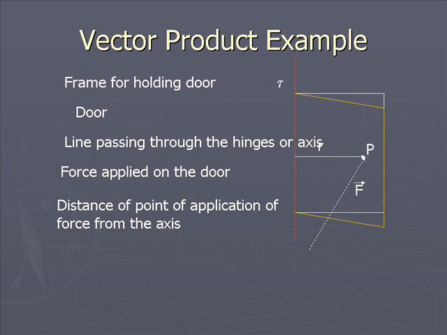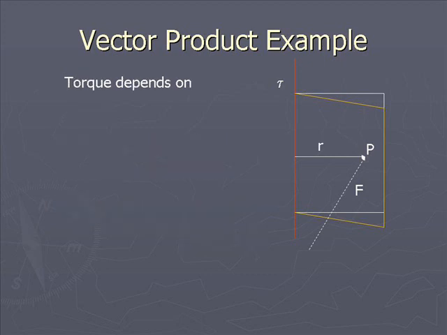Then, if we take the position vector of P as r bar and the force vector as F bar, then the torque tau bar is given by r bar cross F bar. This is how we represent the torque applied by this force. Now, I will tell you why we express it in the vector form.